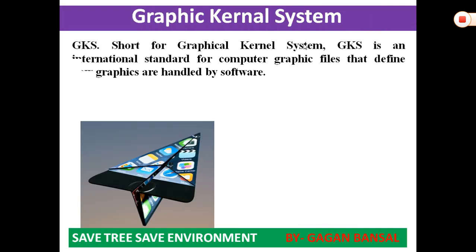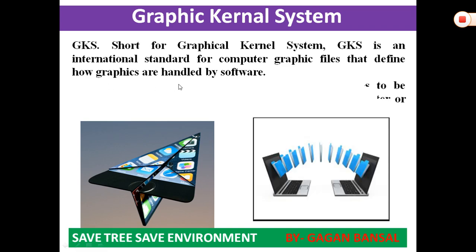Graphic kernel system, GKS, short for graphical kernel system, or we can say graphic kernel system in many cases. GKS is an international standard for computer graphic files that defines how graphics are handled by software. Mostly we say kernel system as the graphic kernel system directly, as the maximum of the graphics are handled by software.